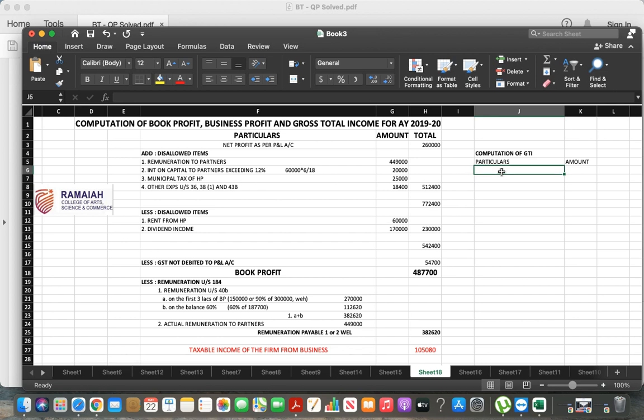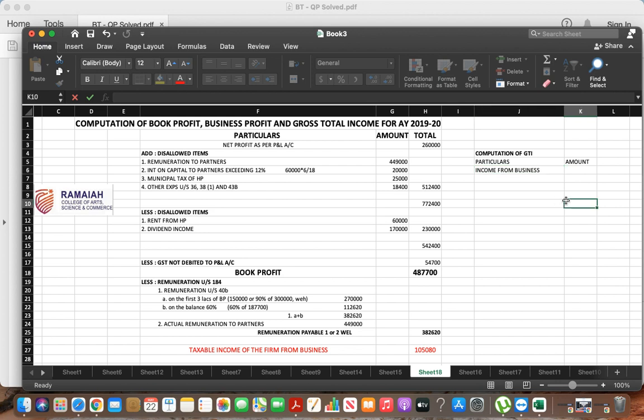Okay, first one, income from business, that is 1,05,080. So that is done. Now go by credit side of the profit and loss account.